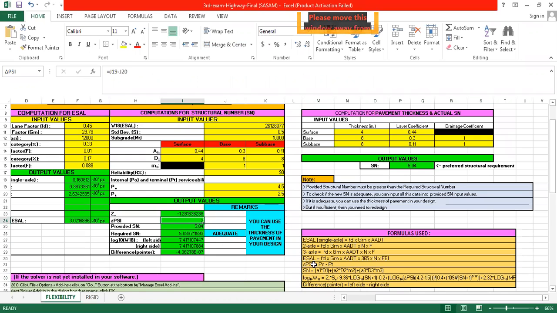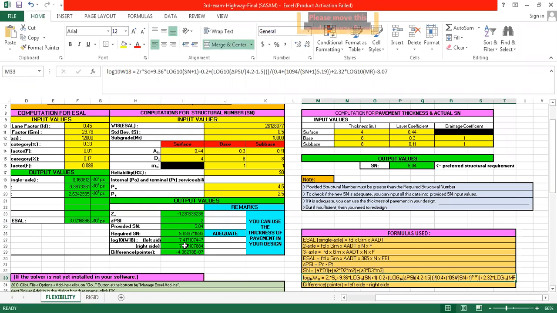The PSI would be the initial minus the terminal PSI. Then after that, the log 10, which is this one, would result to this one.